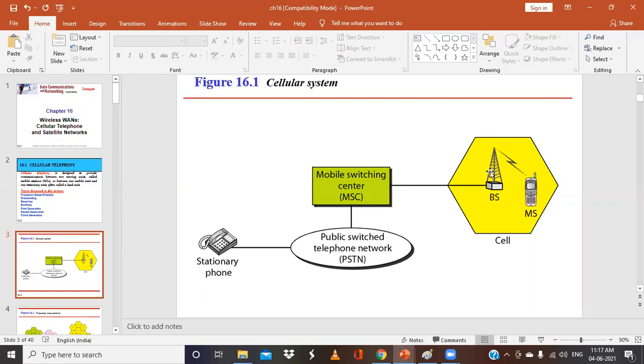At the top of the antenna we have a device called a transceiver, which consists of a transmitter and receiver, to send or receive signals. When we dial a number, that signal will pass through it. This is the understanding of what a cell is.